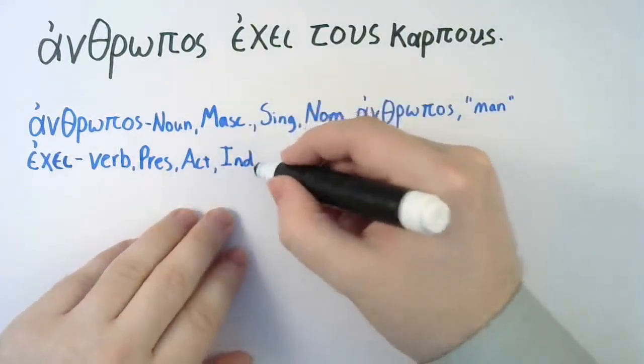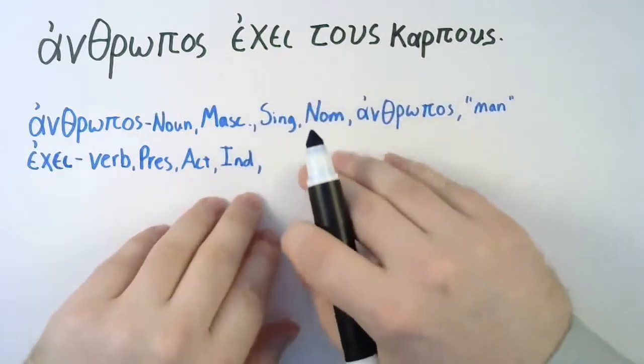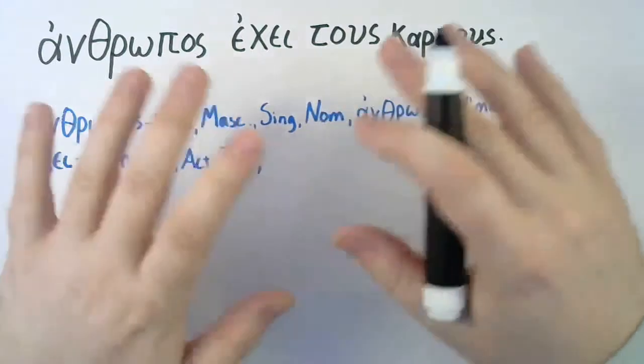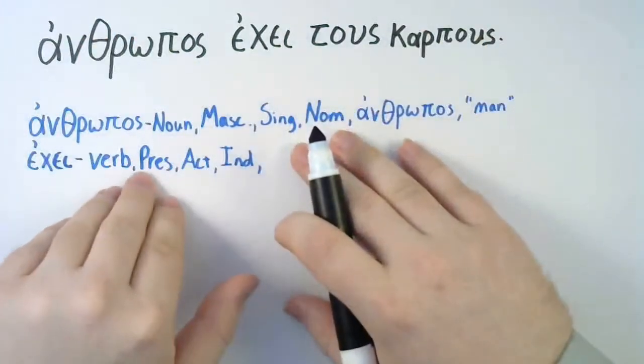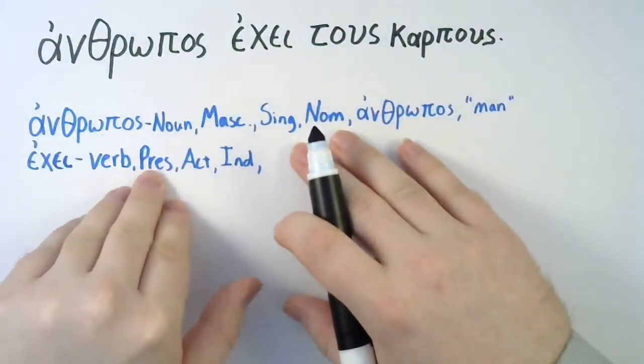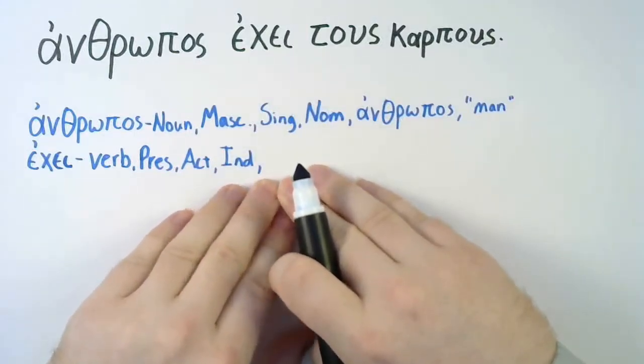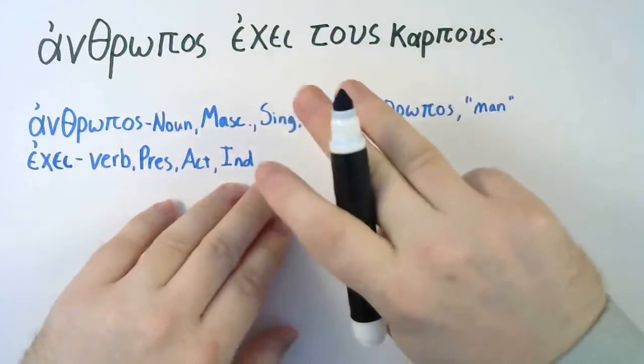Now, what person is it? Trying to remember my list: part of speech, tense, voice, mood, person. What person is eke? Remember, you have first, second, or third person.